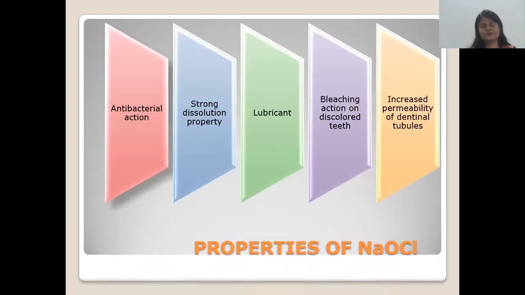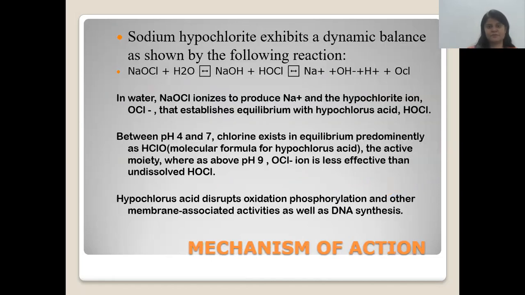Then what are the properties of sodium hypochlorite? First, it has an antibacterial property. It has a strong dissolution property for soft organic tissues. Then it is a lubricant, has a bleaching action on discolored teeth, and increased permeability into the dentinal tubules.